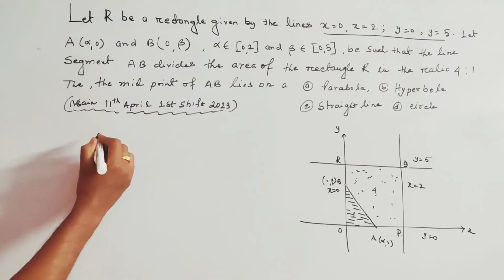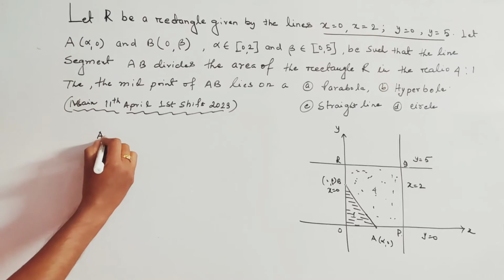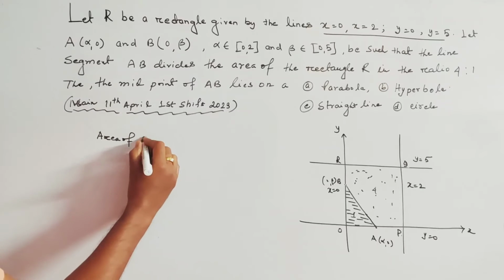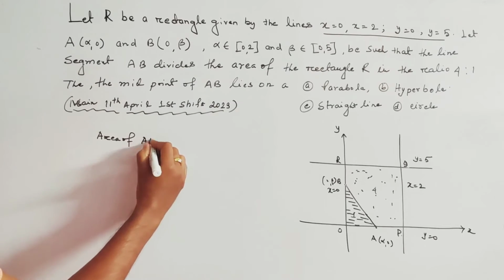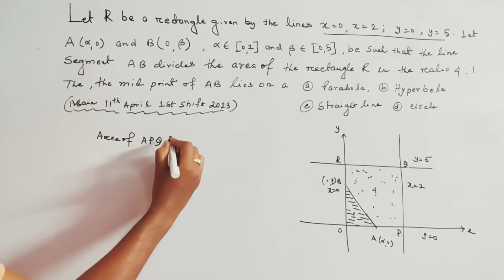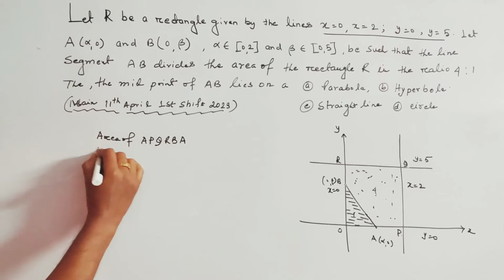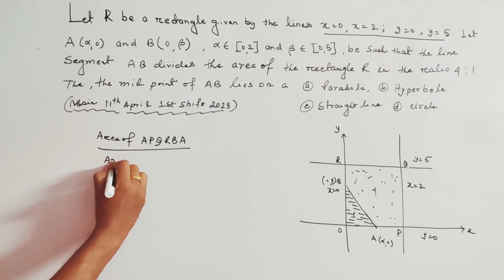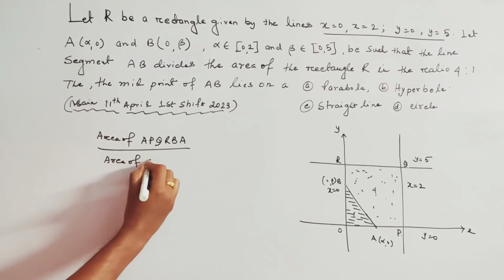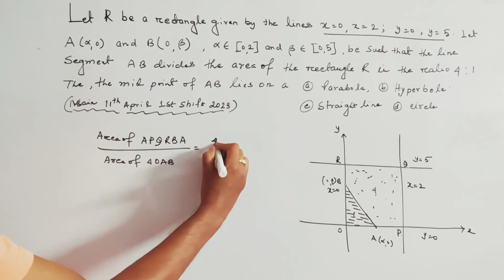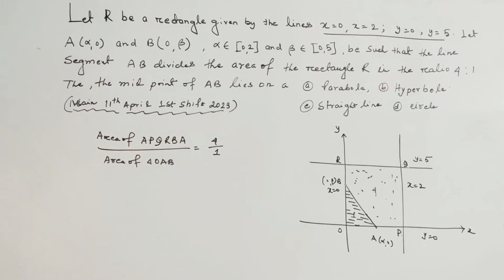So from the given condition, the area of APQRB by the area of triangle OAB is equal to 4 by 1.